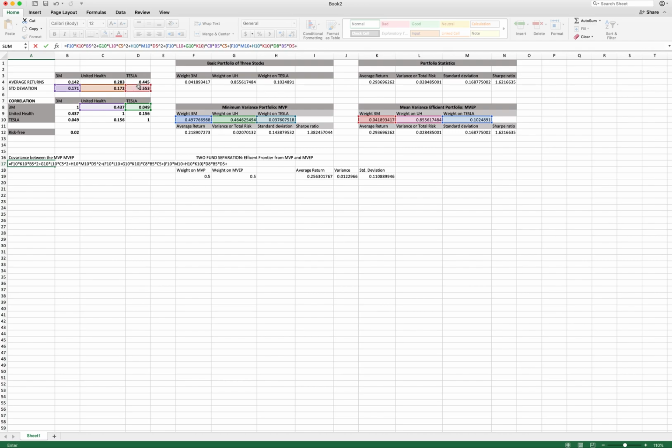And then one last one, that's the cross terms between United Health and Tesla, plus the weight of Tesla in one times the weight of United Health in the other one times the correlation between Tesla and United Health times the standard deviation of United Health times the standard deviation of Tesla.